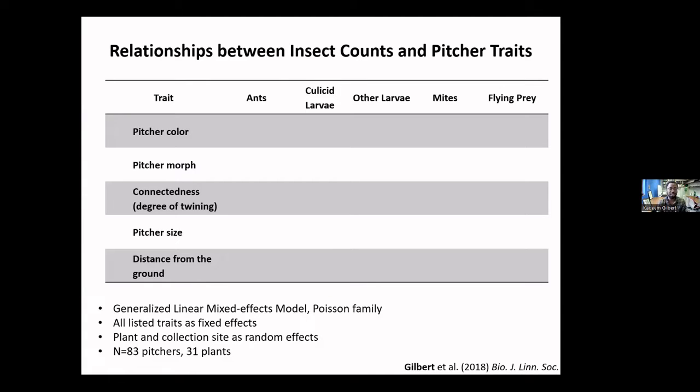I also measured the pitcher size, and I looked at how far it was from the ground, because then we have upper pitchers that are a little high up, but then some that are hanging closer to lower pitchers. But after a lot of effort, and this was one of my first projects as a grad student, I spent so much time under the microscope counting all of these different arthropods.